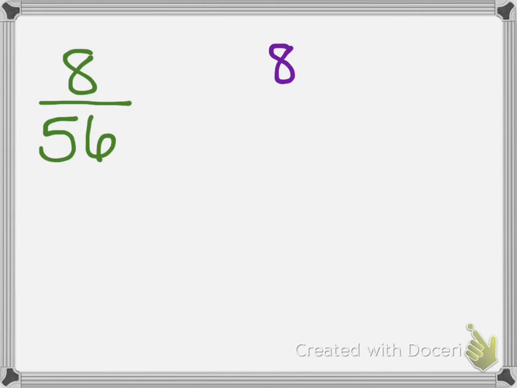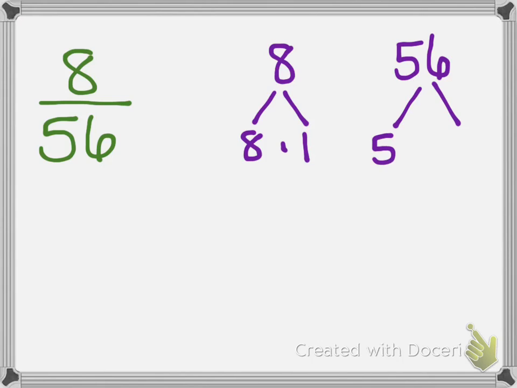I'm going to put 8, I'm going to put 56. Now what I always do, my own personal habit, is you want to write out that number times 1, because we can't forget that 1 and 8 are factors of 8, and that 1 and 56 are factors of 56. From then on, we can start to break this down.